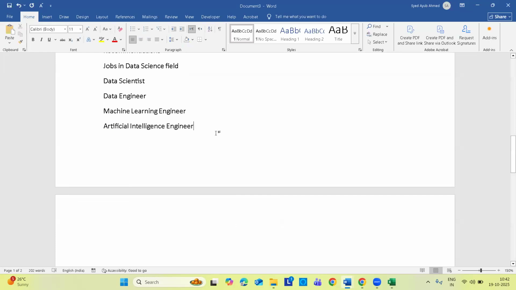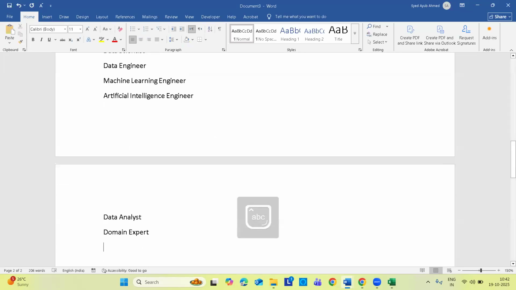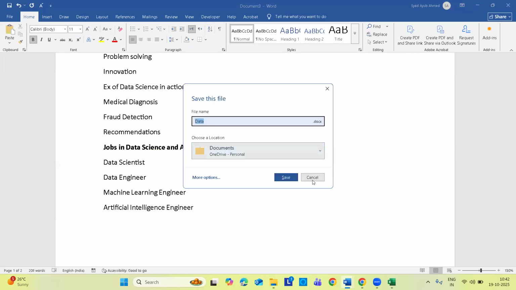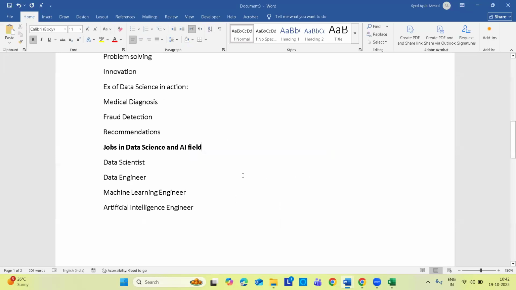You can become a data analyst, a domain expert as well. So these are some designations or jobs that you can find in data science and AI as well. Clear? I hope till here is right. Yes.